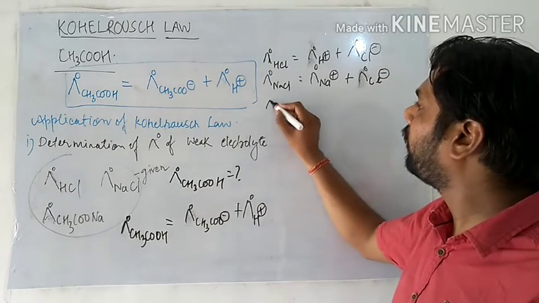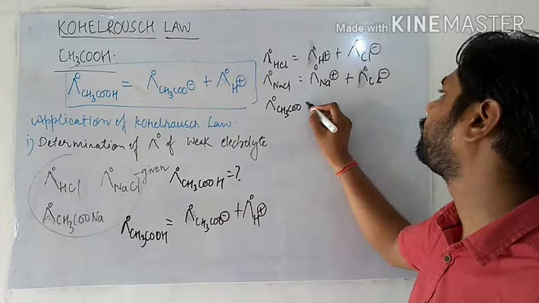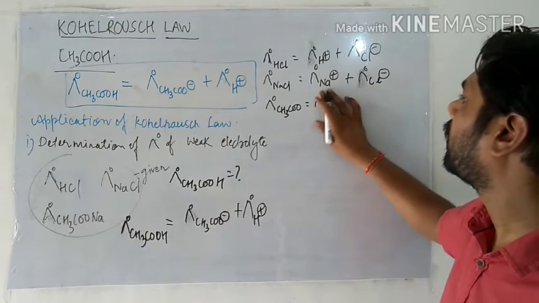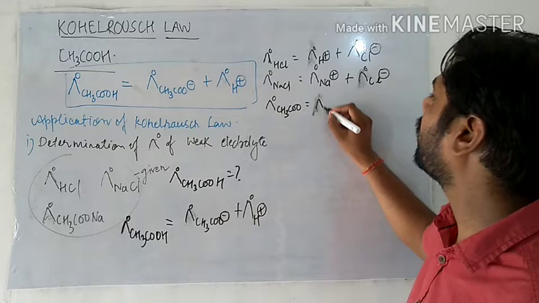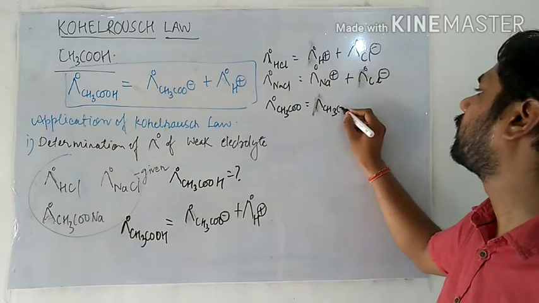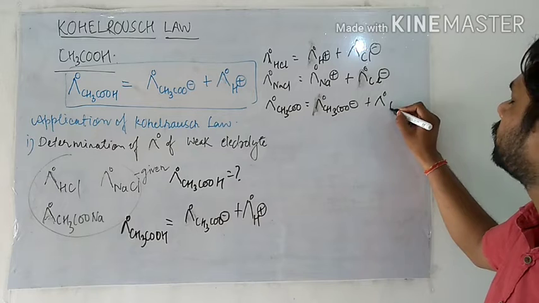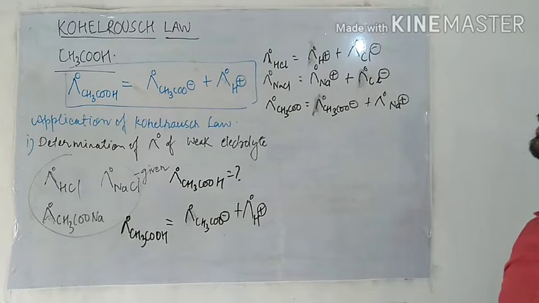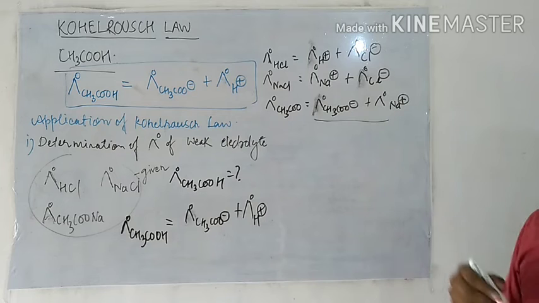And we have sodium acetate, lambda naught for acetate ion plus lambda naught of sodium ion. So anyhow we have these values.